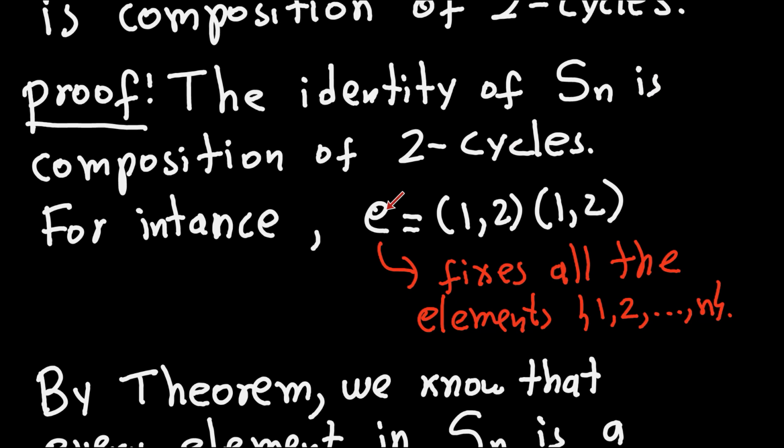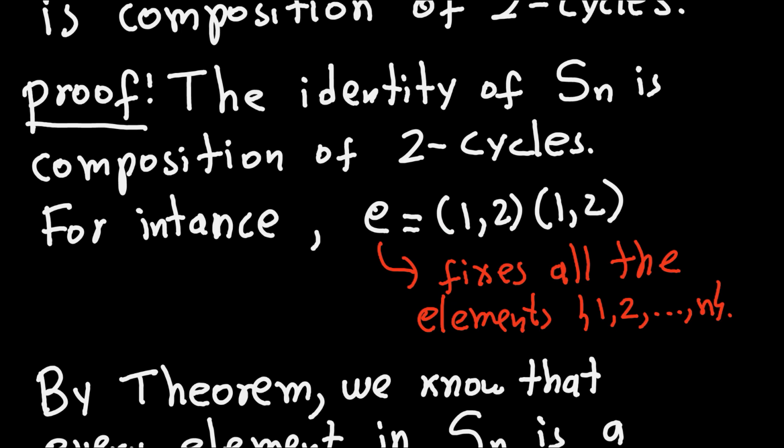Now, the identity is the function that fixes all the elements from 1 through n. We can express the identity as a product of these two cycles, (1 2) and (1 2). Now, if you look at this composition, this fixes all the elements from 3 to n, and it also fixes 1 and 2.